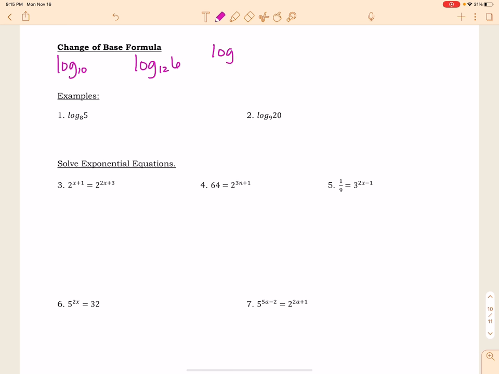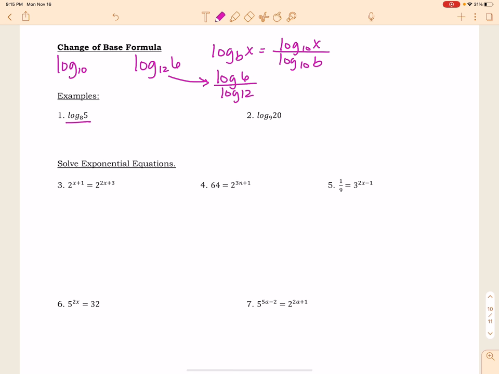So basically what it says, whatever the base is, you can write it as log base 10 of x over log base 10 of the base. So for this problem right here, we would write it as log of 6 over log of 12.